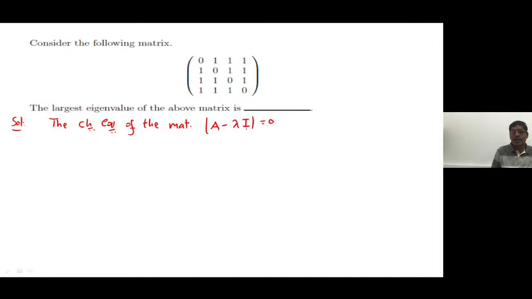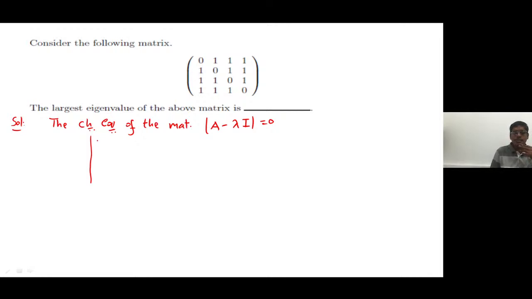A is the given matrix, I is the corresponding identity matrix, and lambda is the required eigenvalue. So how do you obtain this determinant? In short, subtract lambda from the diagonal elements only. You will get the determinant A minus lambda I.